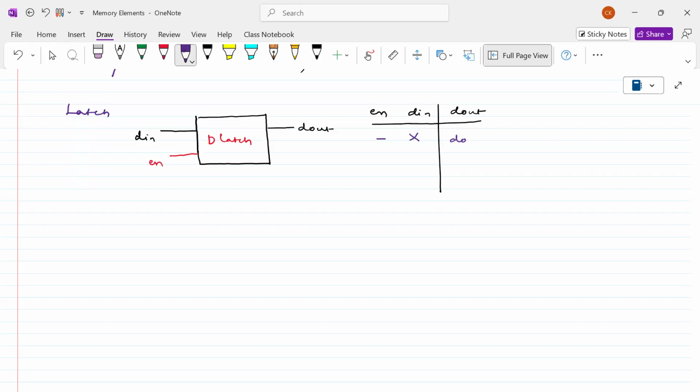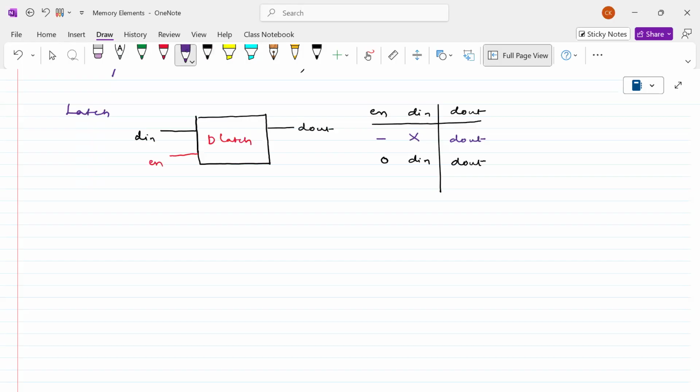Okay, this is called D out unchanged, previous value. The moment you give the enable signal as 0, and then if you apply the D input signal, in this case also, I don't want to transfer the D in signal to the output side, but let it be the previous value only. Okay, this is also the previous value.